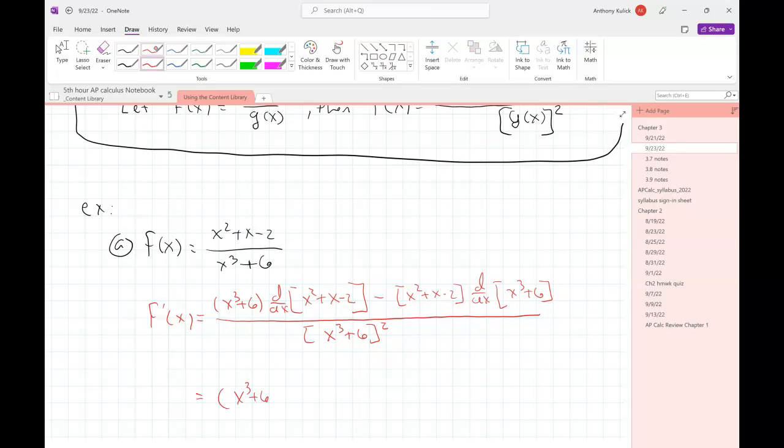All right, so let's evaluate some of these derivatives. The derivative of x squared plus x minus 2 is going to be 2x plus 1. The derivative of x cubed plus 6 is going to be 3x squared.